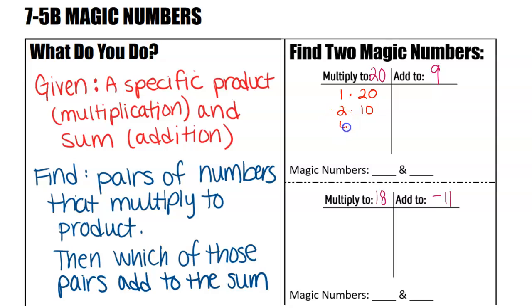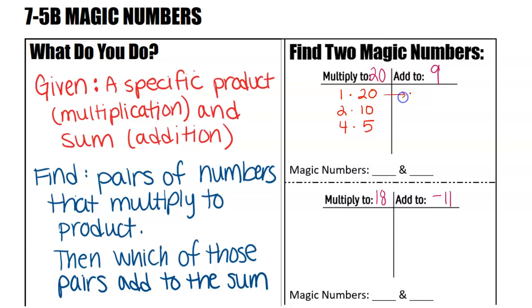And I'm going to think 4. 4 times 5 gives me 20. Then the next number I would think about is 5. But I'm going to stop there because you'll notice that we start repeating the pairs that we had above. So once I start repeating, I'm going to stop writing down my numbers. Those are all the factor pairs that multiply to 20.